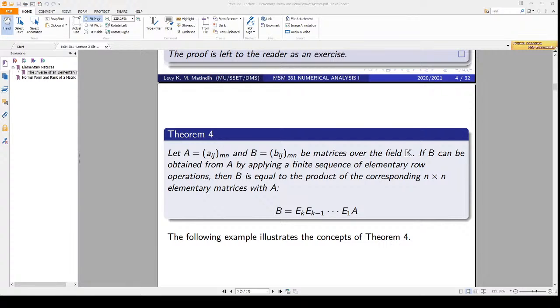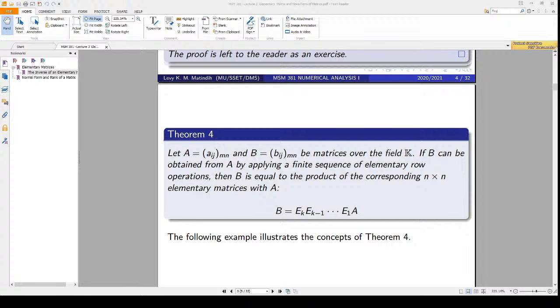So now this is like the consequence of theorem number 3. Look, you have matrix B that you have obtained by applying elementary row operations. You don't know how many, there can be 5 or 6 elementary row operations on matrix A. The same elementary row operations that you applied on matrix A, one by one, you apply them on the identity matrix. If there are 3, you apply the first elementary row operation on an identity matrix, you get an elementary matrix.